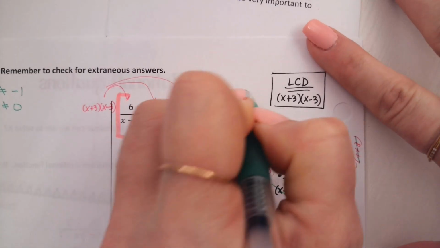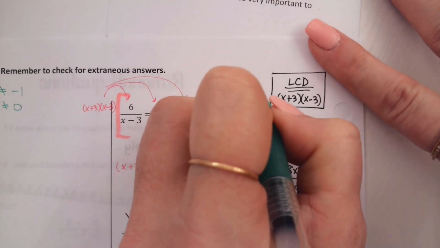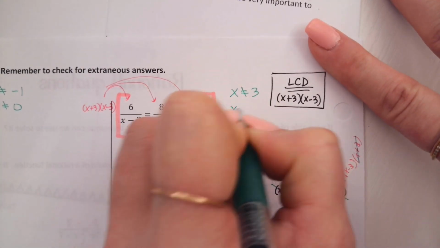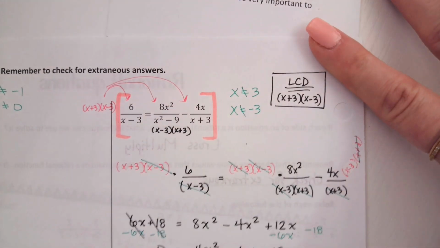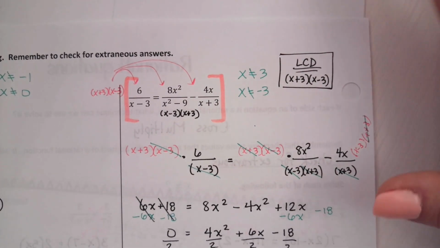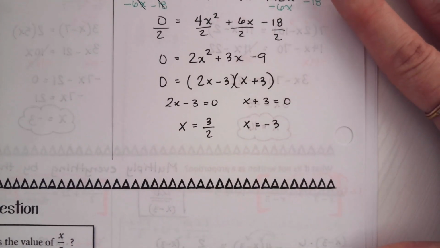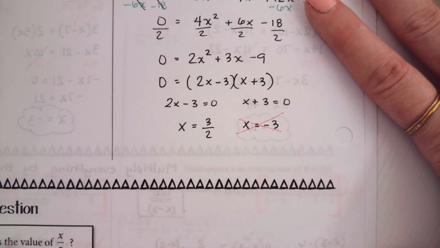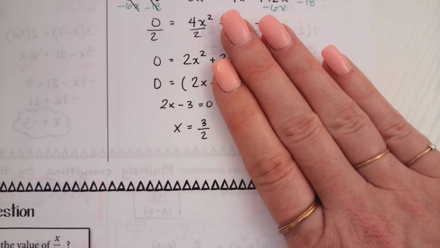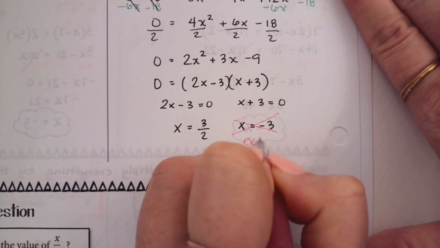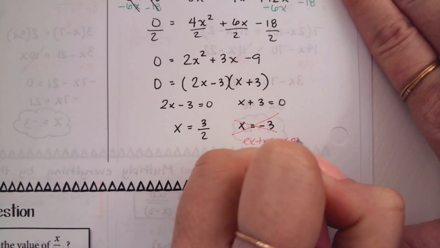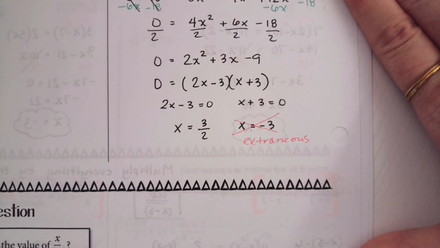Denominator is not allowed to equal negative 3 and 3. Did we get one of those? Yes, we did. So what do we do with this negative 3? Cross it out. It's extraneous. If it was a multiple choice question, you wouldn't even circle an answer that had that. You would only have 3 over 2.